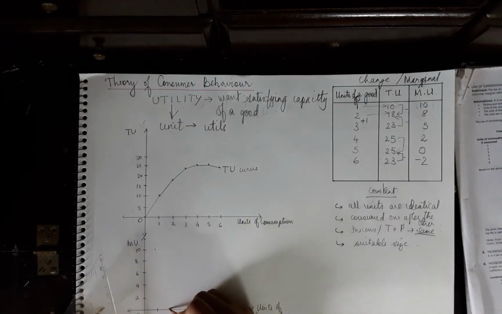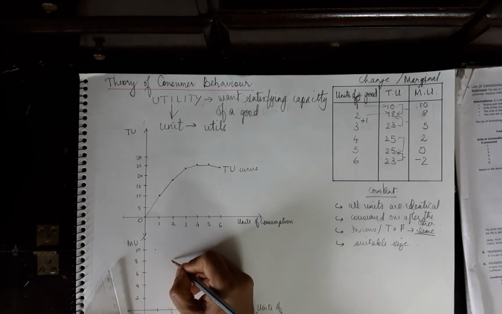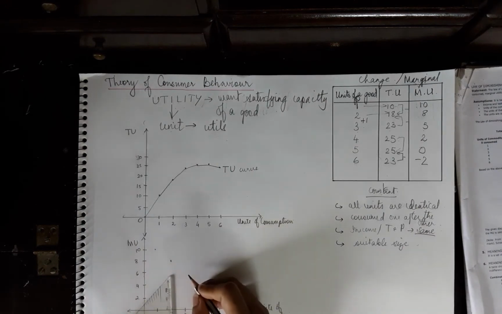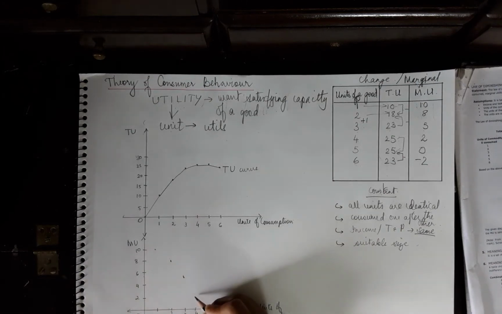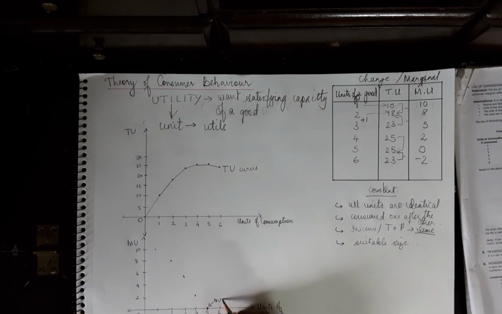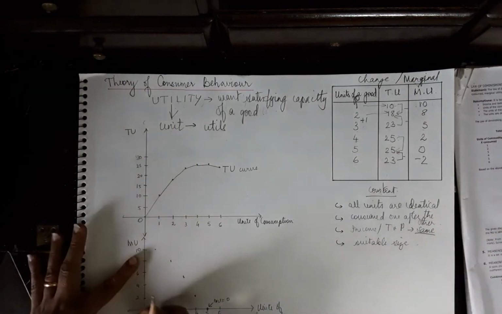Second unit of consumption, it was 8. Third unit, it was 5. Fourth unit, it was 2. Fifth unit, it was 0. So there's a point coming here, MU equals 0. And sixth unit, we'll have to extend this to the negative quadrant.